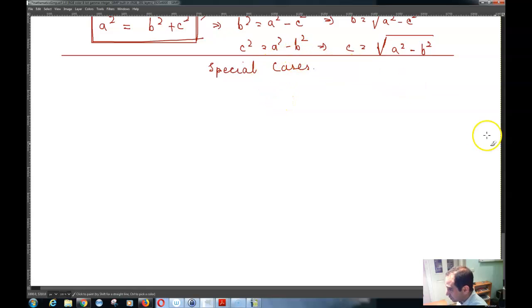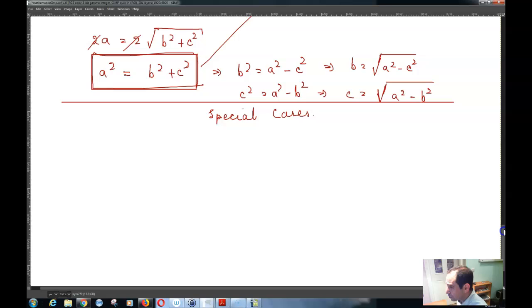So we got this equation over here, which was a squared is equal to b squared plus c squared.